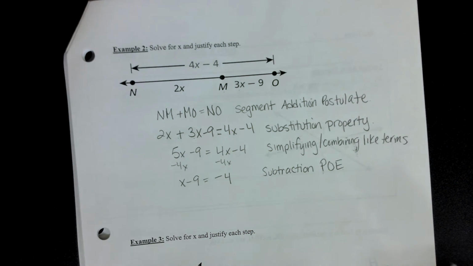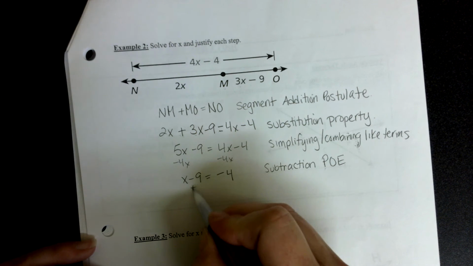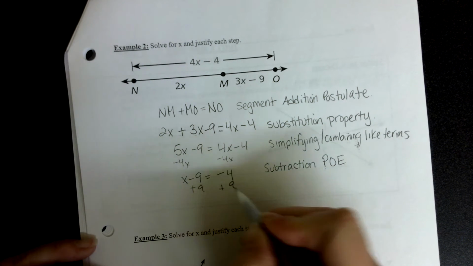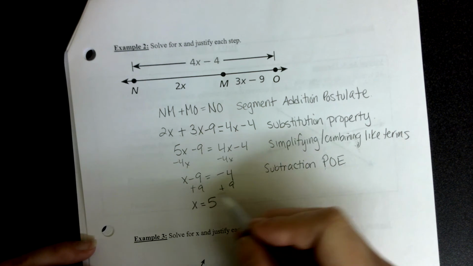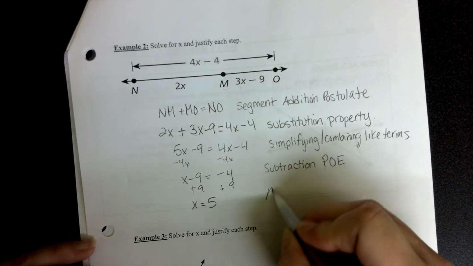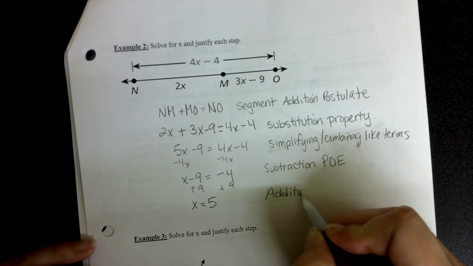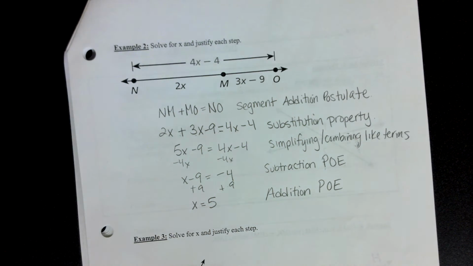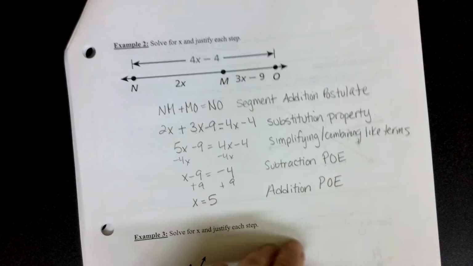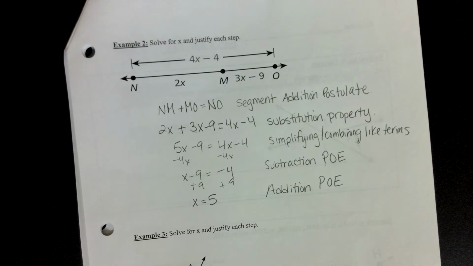That's the abbreviation for it. And then down here, we're going to add 9 to both sides. So you get x equals 5. And to do that, we added to both sides. So that's the addition property of equality. So for every step you did, there was a reason, a property why.